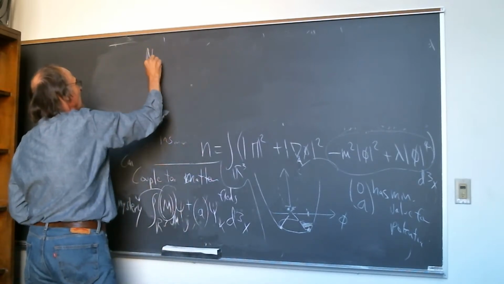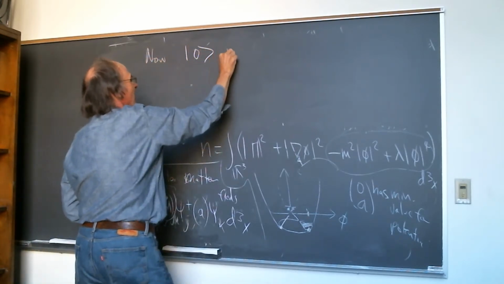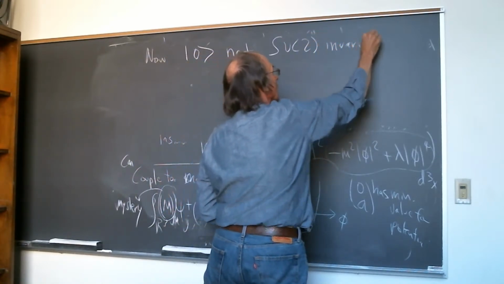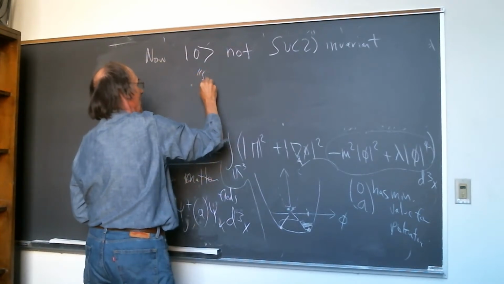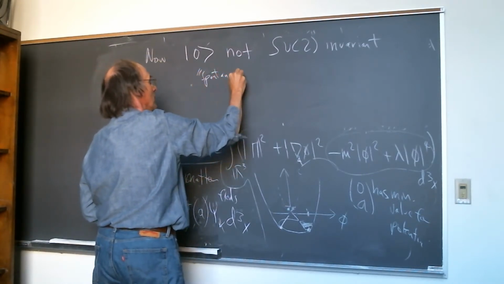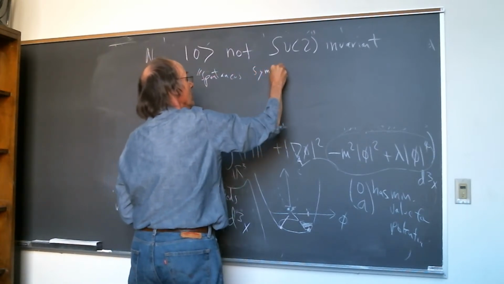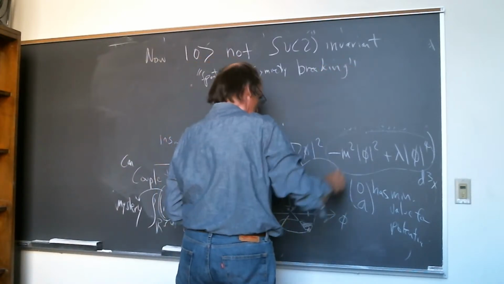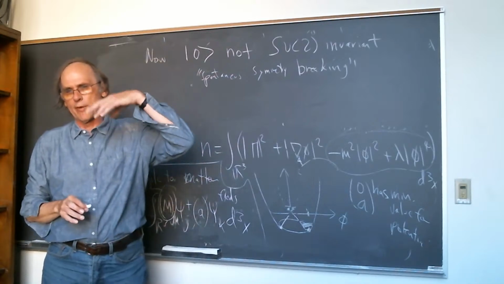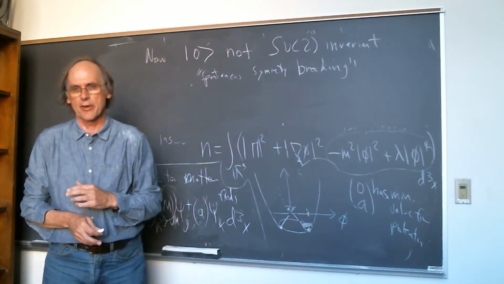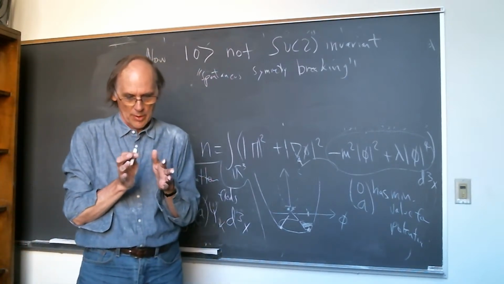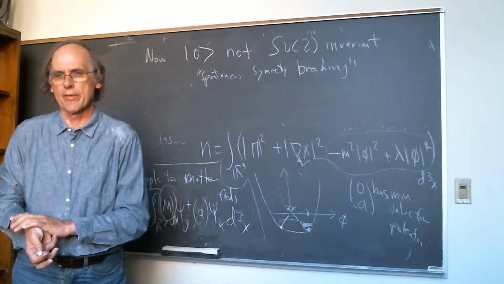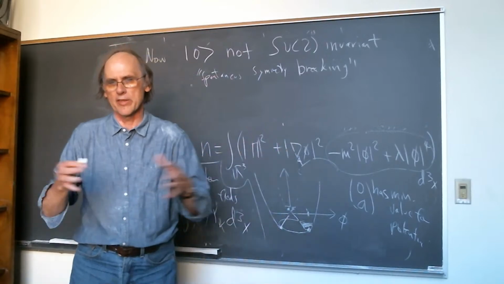It's not SU2 invariant. This is called spontaneous symmetry breaking. It was a general principle of all the constructions we were doing of oscillators in Fock space that we started with the vacuum being something that was really invariant under all the symmetries of the world, all the internal symmetries, all the space-time symmetries.